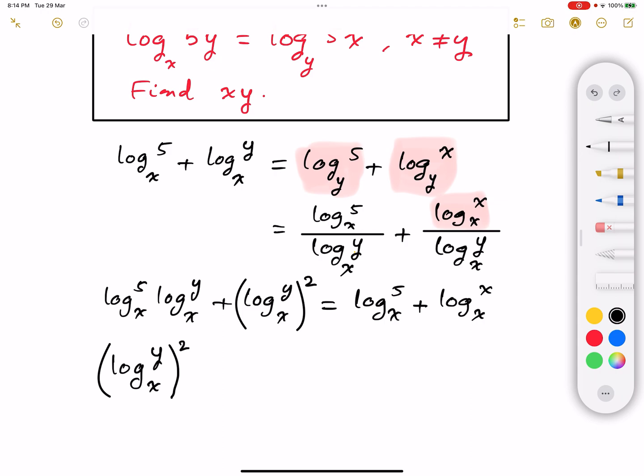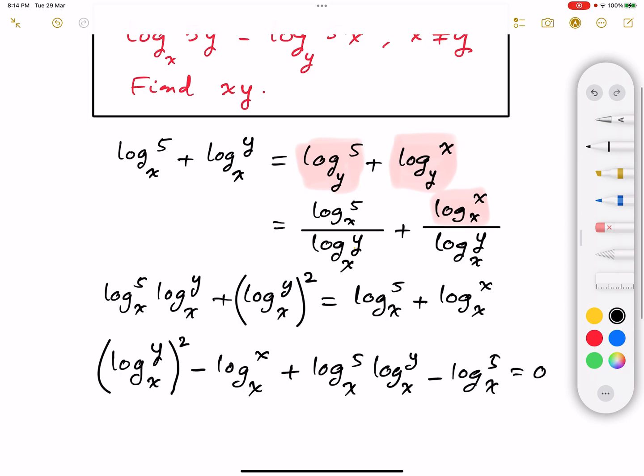Plus, and then we can move the logarithm of x base x, so that would give us minus the logarithm of x base x here, plus the logarithm of 5 base x multiplied by the logarithm of y base x, minus the logarithm of 5 base x, equals 0.